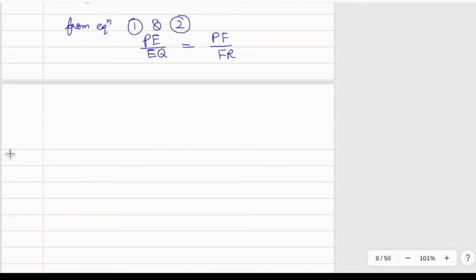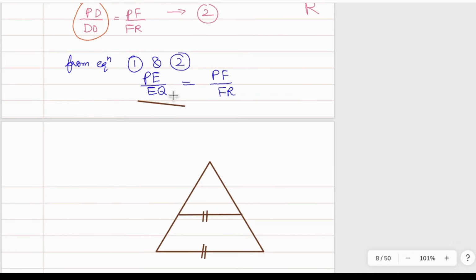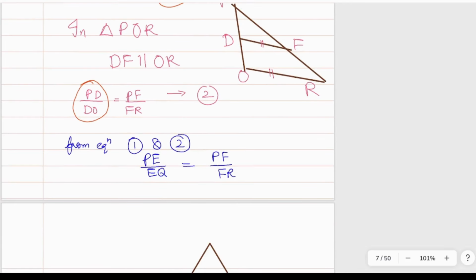It says that if I have a triangle and a line is drawn through that triangle, and the sides are cut in a proportional way, the ratio of the sides are proportional, then we can tell that these two lines are parallel. So here now look, we got PE by EQ equal to PF by FR. Therefore, using this converse of the BPT theorem, now check the triangle.